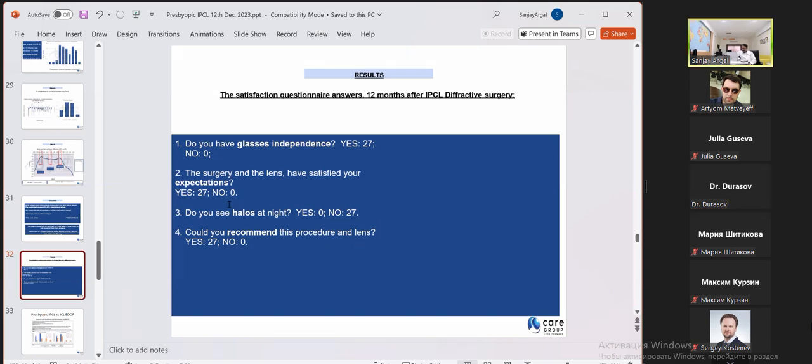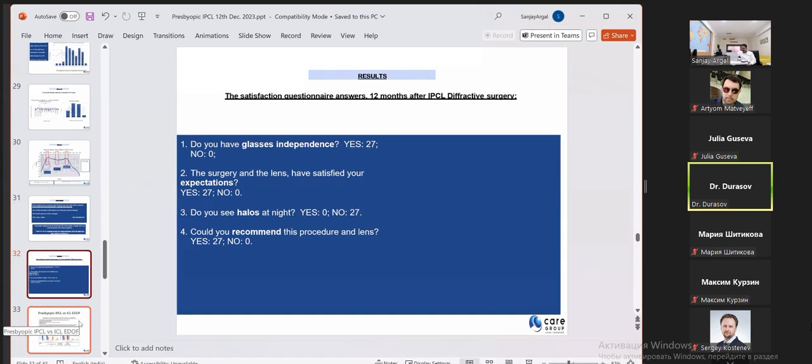So all these 27 patients are satisfied. Все 27 пациентов были удовлетворены. They even agreed to recommend it to their near and dear. И все были готовы рекомендовать эту процедуру и эту линзу.